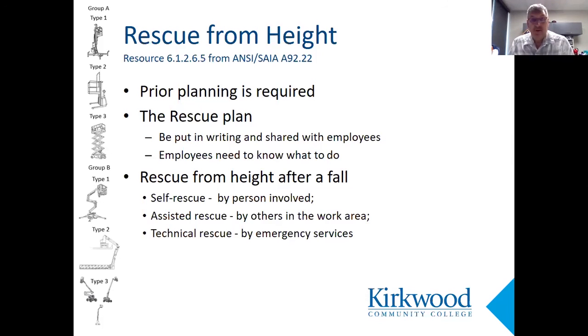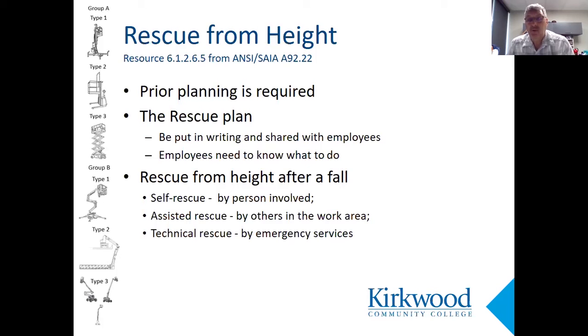So there are three basic types of rescue from height, and ANSI talks about these: self-rescue, where the person involved can push the button and get down; assisted rescue by others in the work area; and technical rescue by emergency services. You can take a week-long or two-week-long class to learn how to rescue people from heights.